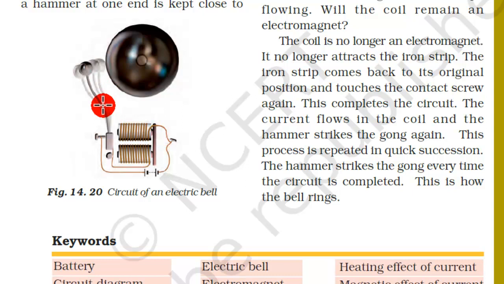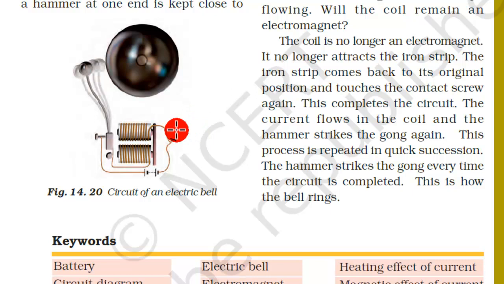The current through the coil stops flowing. The coil is no longer an electromagnet. It no longer attracts the iron strip, and the iron strip comes back to its original position and touches the contact screw again. This completes the circuit again.